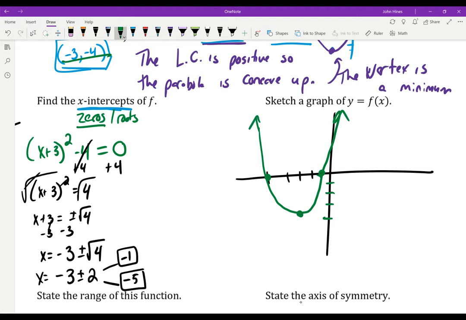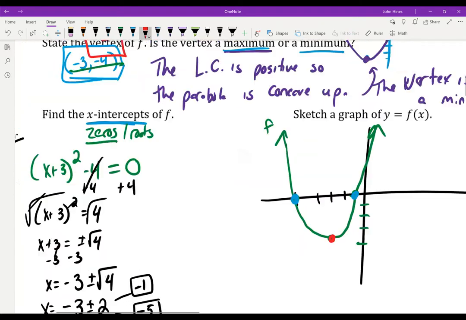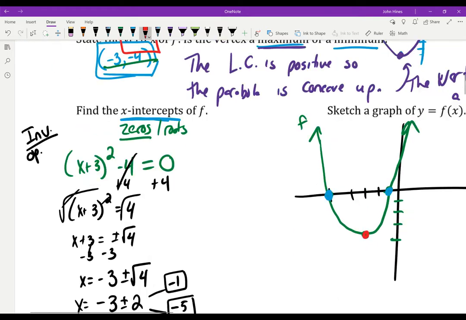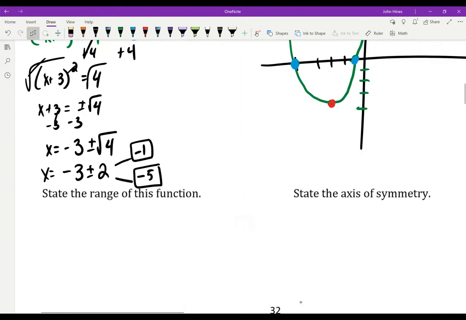I used my zeros, which I'll highlight in blue here, and then my vertex, which is here in red. So the nice part of vertex form is you get the vertex, and then you can always use inverse operations to solve for the zeros.